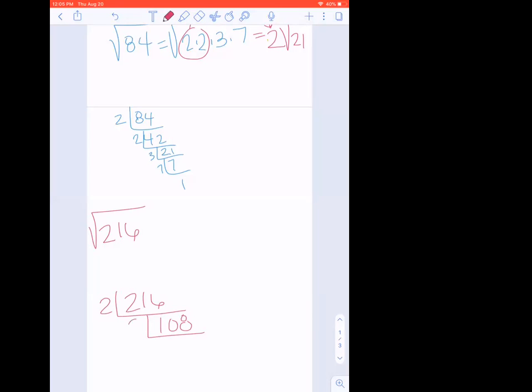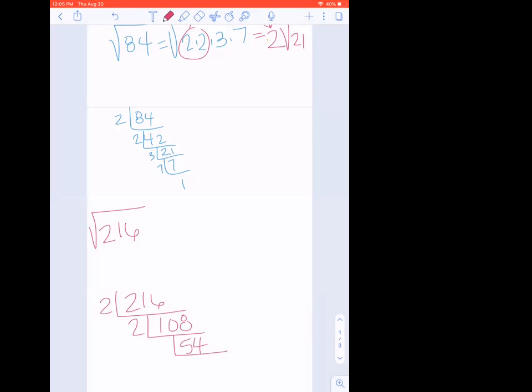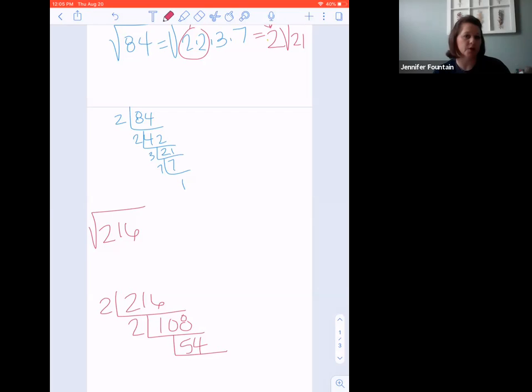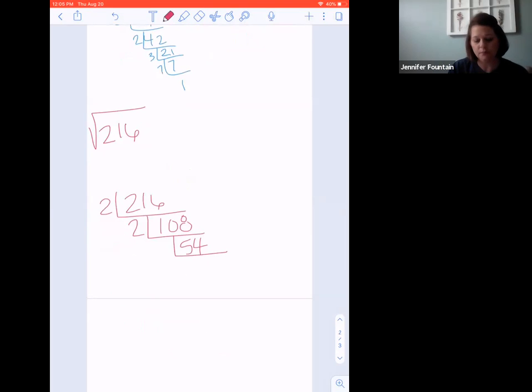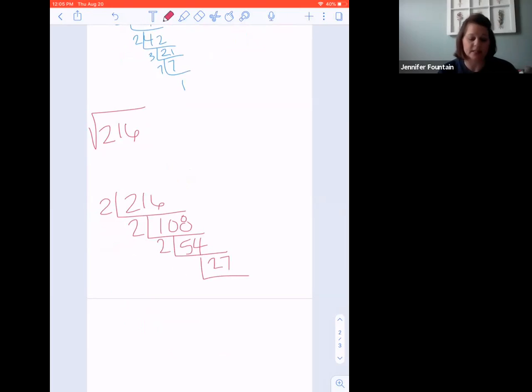2. 2 will go into 108 54 times. What is my smallest prime factor of 54? 2. 2 will go into 54 27 times. Now I've gone to an odd number, so now I'm going to try 3. 3 will go into 27 how many times? 9.